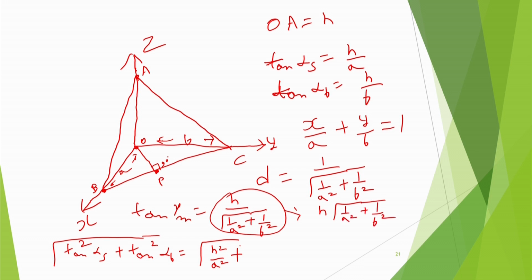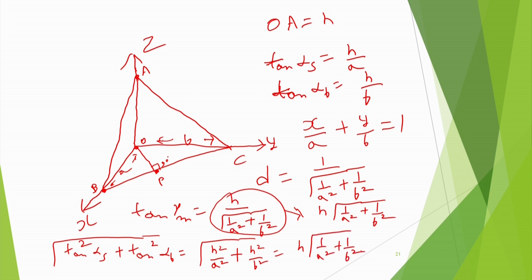This is a small mistake I have made, look carefully; that is why it is better that if I have made a mistake, it is corrected. If you are attentive, you can make out that D is equal to this one, so it is H by this one. And here tan square alpha S plus tan square alpha B is equal to H square by A square plus H square by B square, which also comes out to be H square times 1 by A square plus 1 by B square.